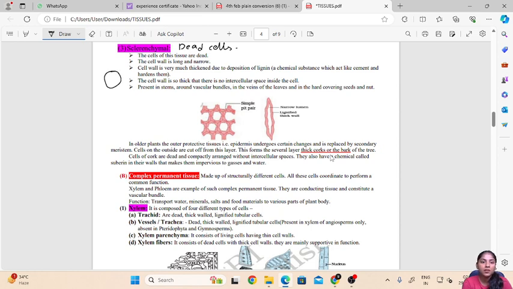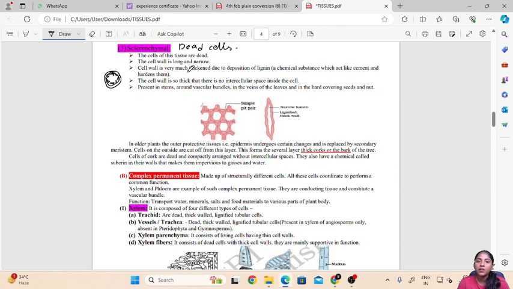This lignin is a substance or a chemical which hardens the cell. It makes the cell hard in nature.